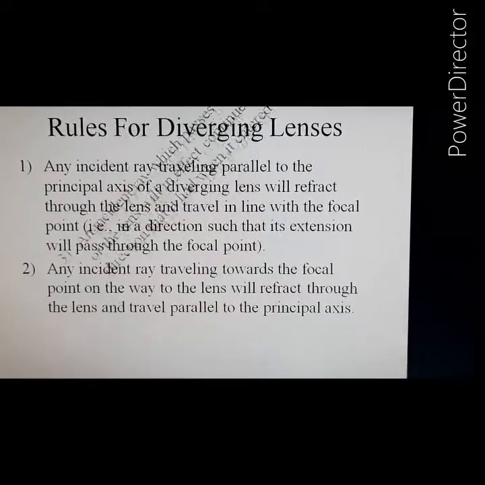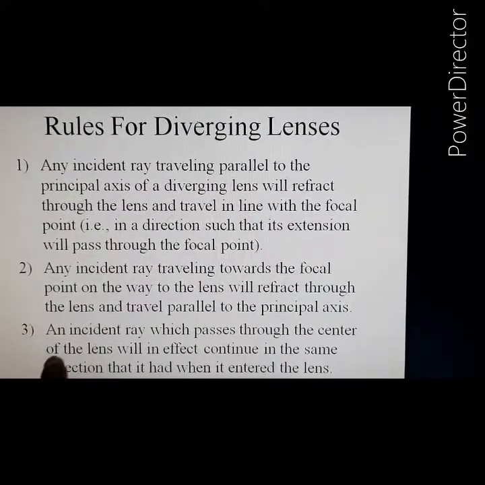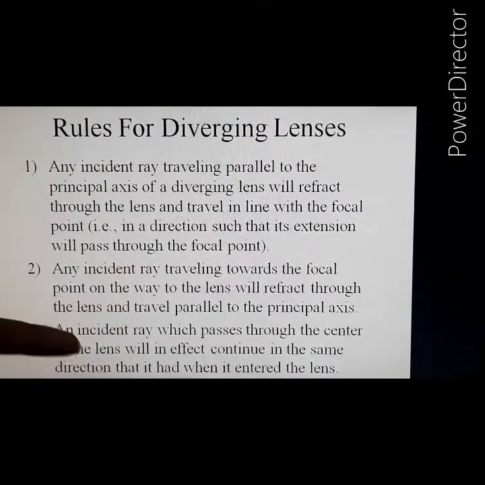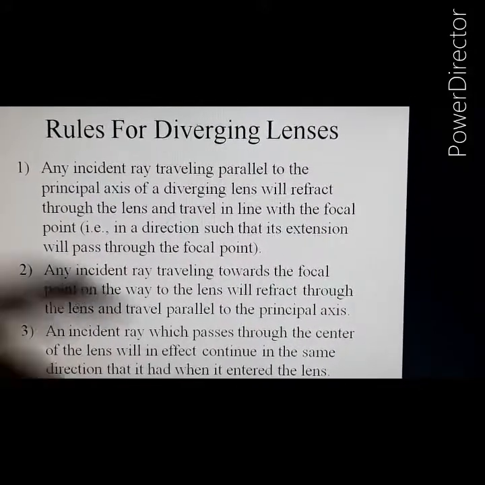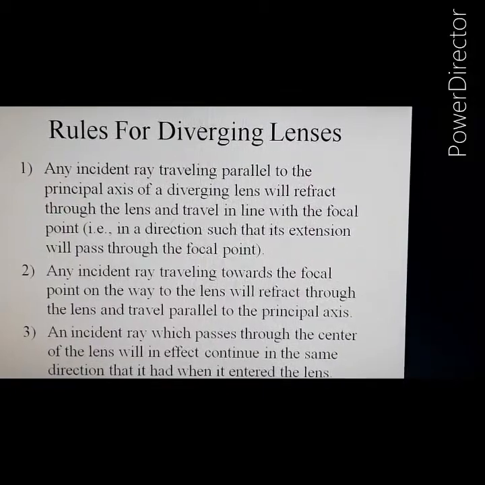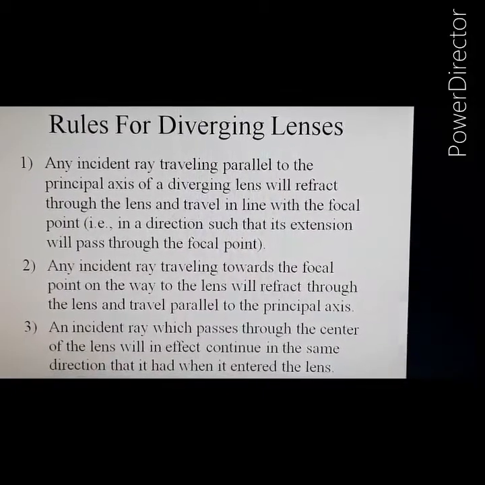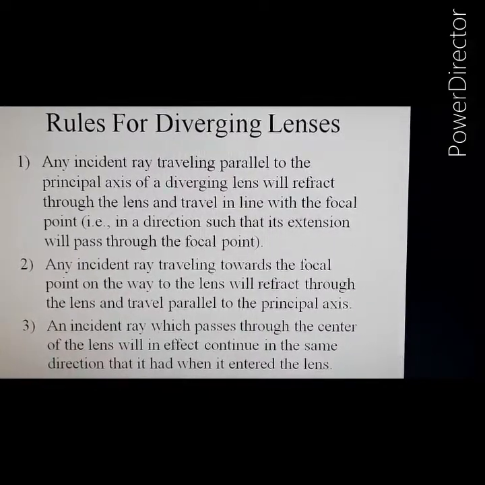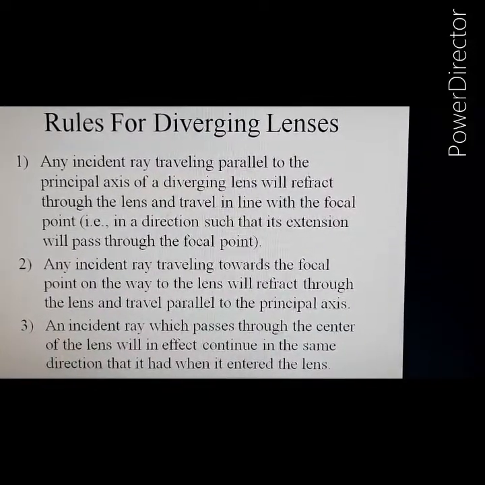That was the second rule. The third: the light ray which is passing through the optic center will obviously pass without deviating, whether it is a convex lens or concave lens, diverging lens or converging lens. The light ray which is passing through the optic center will not deviate.